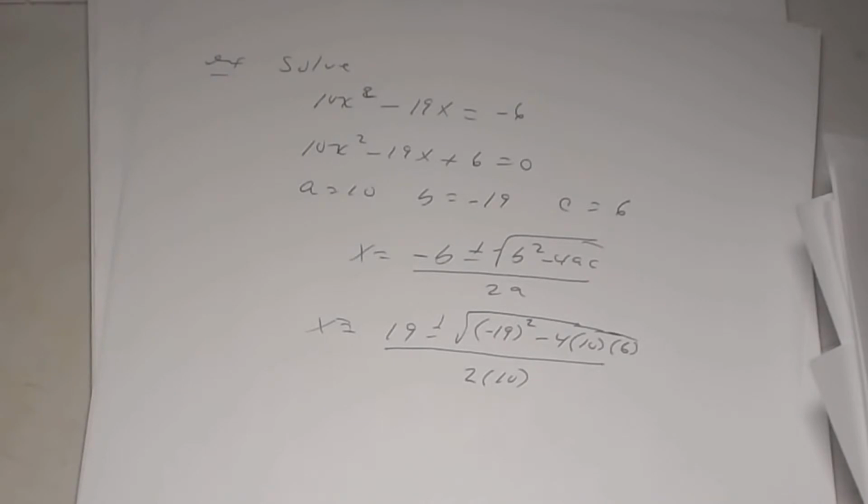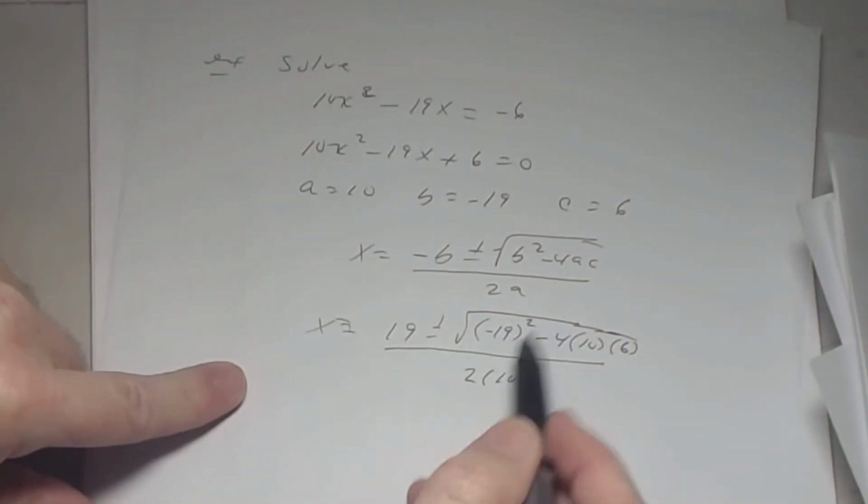Now you have to simplify that radicand. Use your calculator for negative 19 squared. What's negative 19 times negative 19? 361. Before I go on, is b squared ever going to be negative?